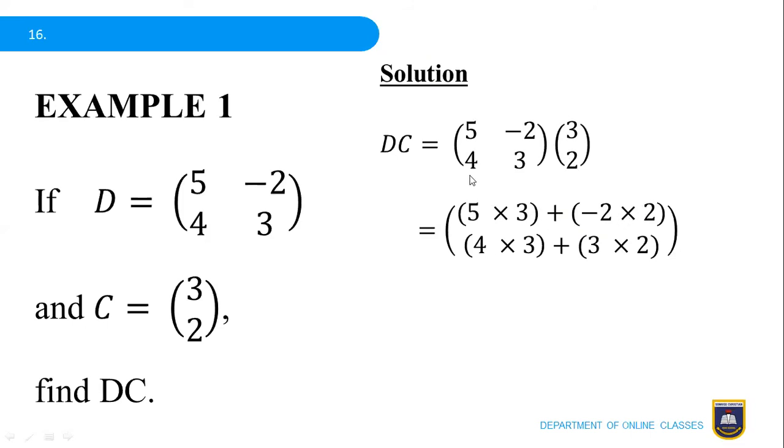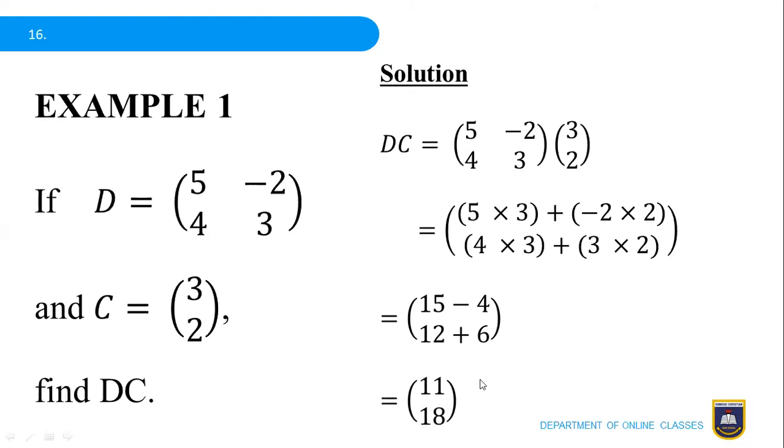Again, we have 4 times 3 plus 3 times 2. So if you continue, 5 times 3 will give you 15. Negative 2 times 2 will give you negative 4. And then 4 times 3 is also 12, plus 3 times 2 also gives you 6. So your final answer will be 11, 18.